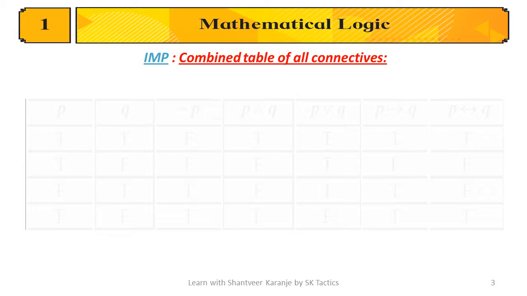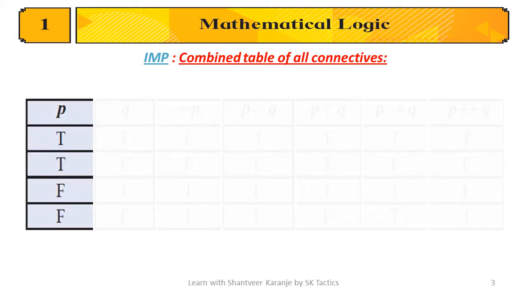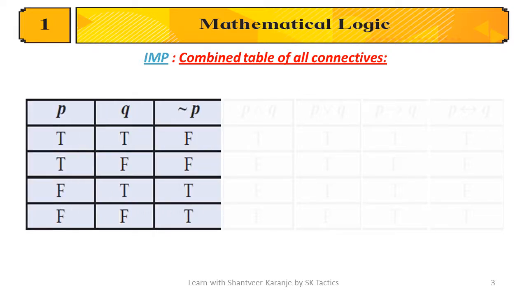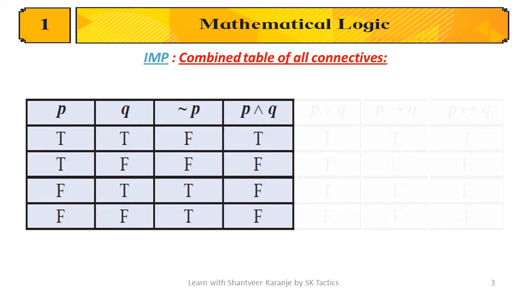I start with P: TTFF, Q: TFTF, negation of P: FFTT, then conjunction P and Q: TFFF. Remember, in conjunction P and Q must both be T to give the answer T, else the answer is F.